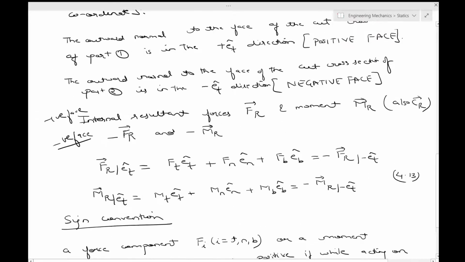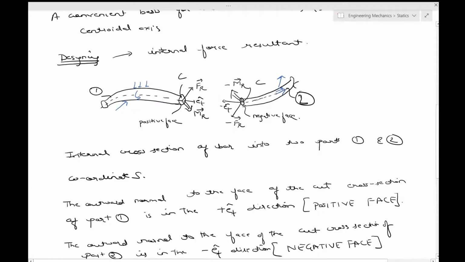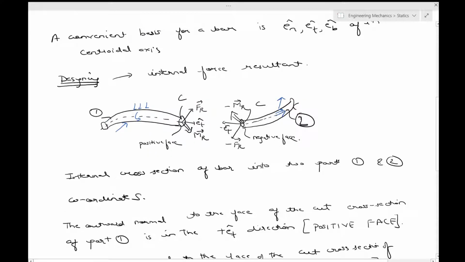What I'll do now is show this over here. For this first body at C, we have Ft, Fn, Fb, and the moments Mt, Mn, Mb.